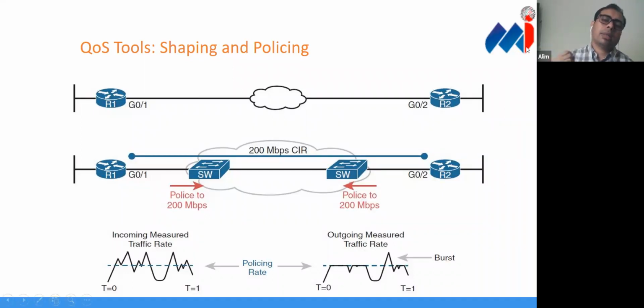Here is CIR. CIR is committed information rate. That is, the service provider committed to provide you 200 Mbps, not more than that. If you send more than that, because you have a 1 Gbps link, which has the capability to send more data to the service provider, the service provider will not allow it, they will discard it.